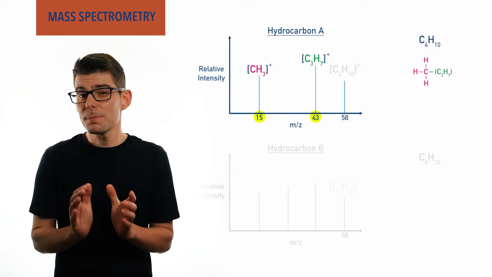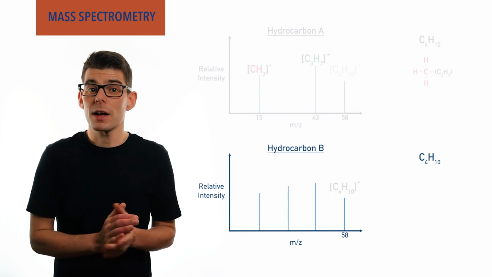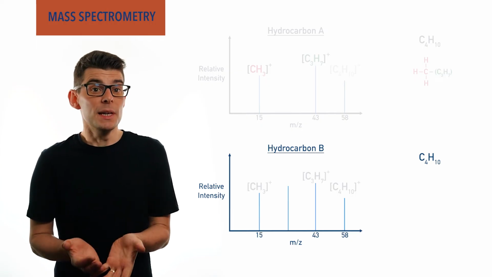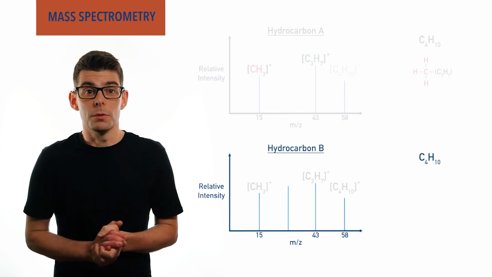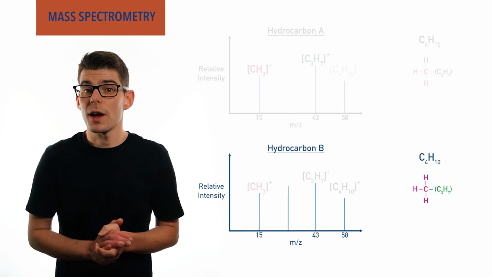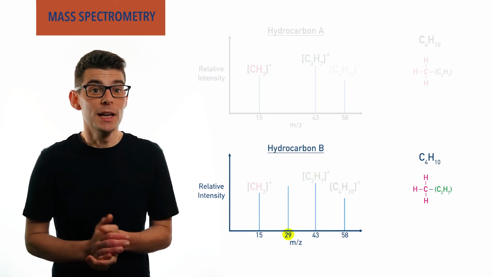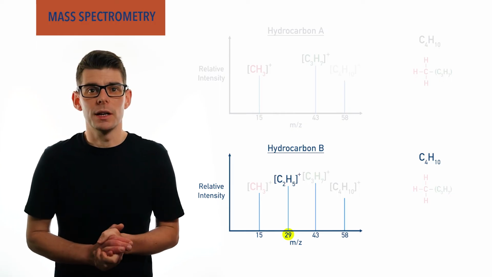Lovely! For spectra B, there are the same fragment ion peaks as for A, meaning B also contains a CH3 group and C3H7 group. However, there is also a fragment ion peak at 29, a C2H5+ ion.